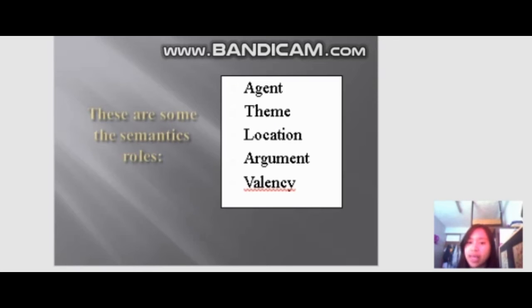These are some of the semantic roles: agent, theme, location, argument, and valency. In semantic role, we learn about the role of the word in a sentence. Words are described according to the roles they fulfill in the situation described in the sentence.